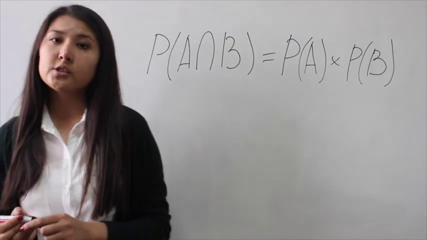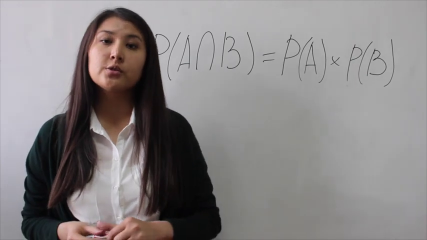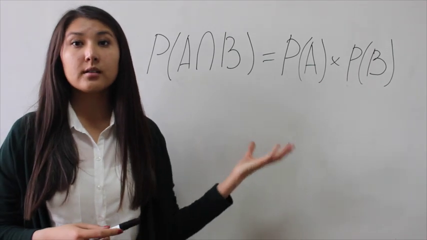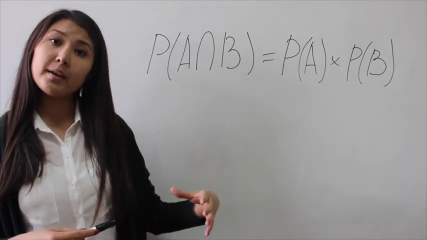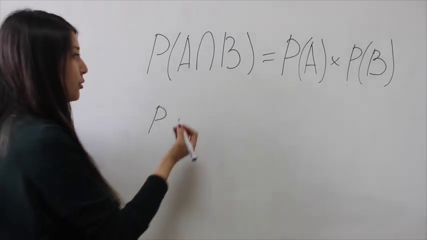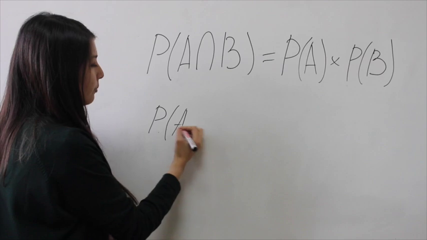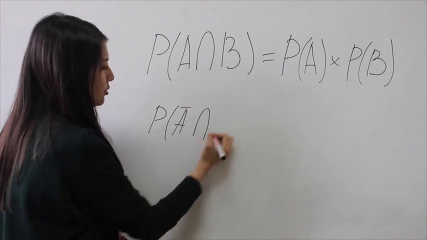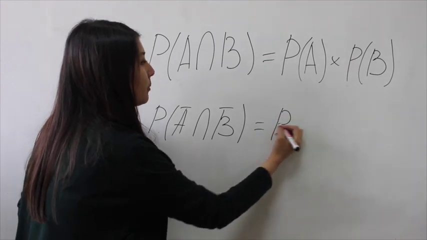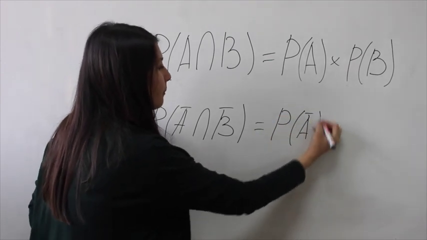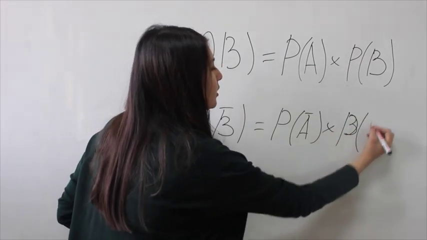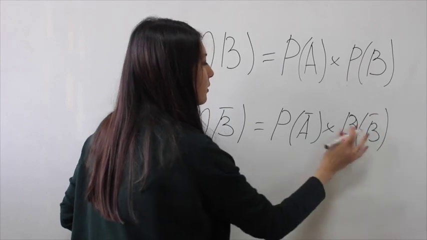In order to reach the goal of our video, which is to prove that the complements of two independent events are also independent of each other, we should demonstrate that the following equation is true: probability A complement intersection with B complement is equal to probability A complement multiplied by probability B complement.